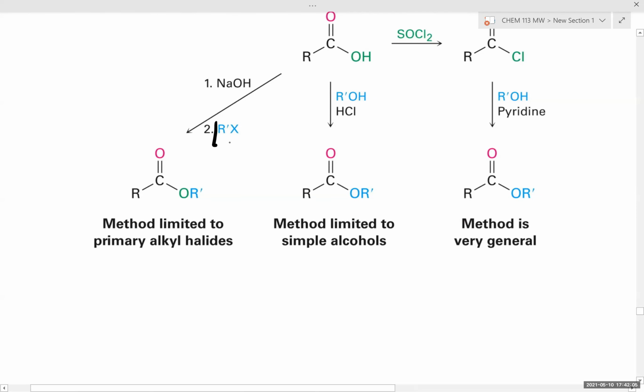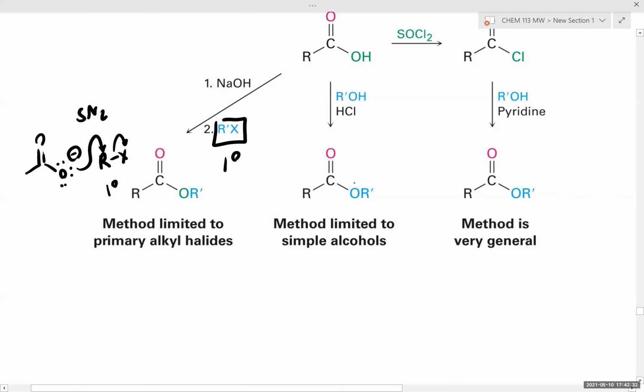This is limited to primary alkyl halides. For example, if you have a carboxylate anion, we can readily displace an alkyl halide via an SN2 reaction only if this alkyl halide is primary and some secondary alkyl halides, so it's not very common.